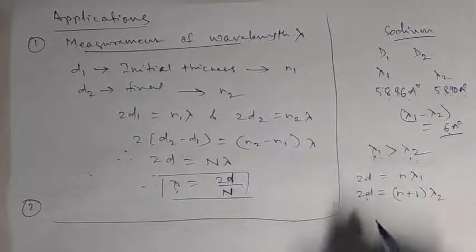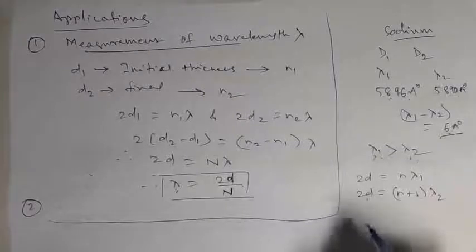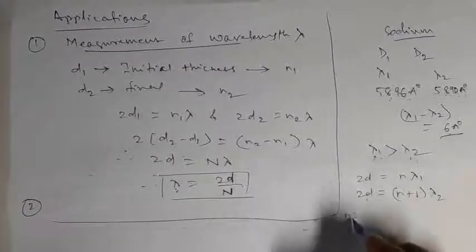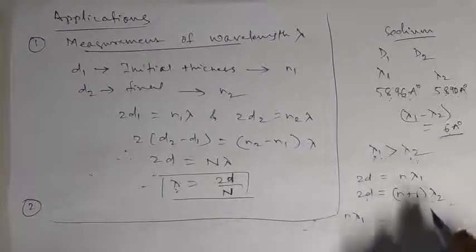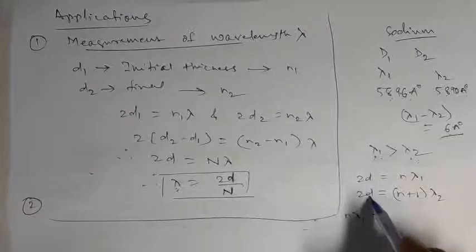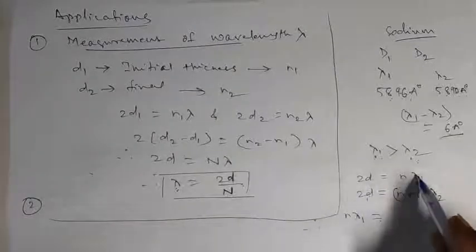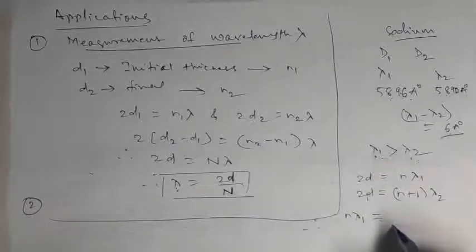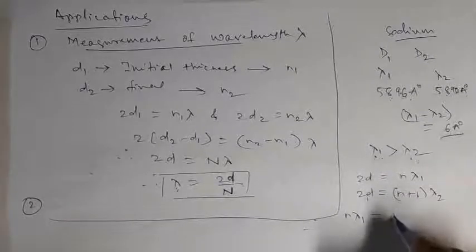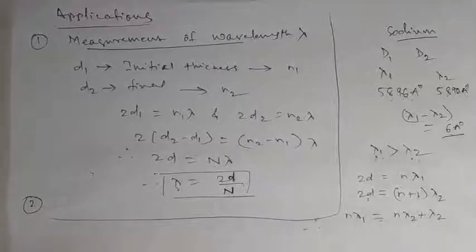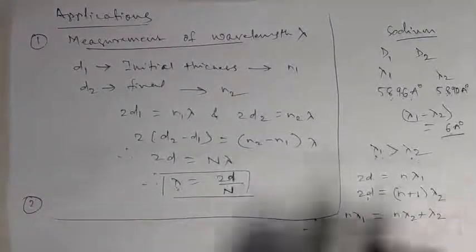Therefore, n lambda 1 is equal to, since 2d on the left side is the same, the right side will be equal. So n lambda 1 = n lambda 2 + lambda 2.